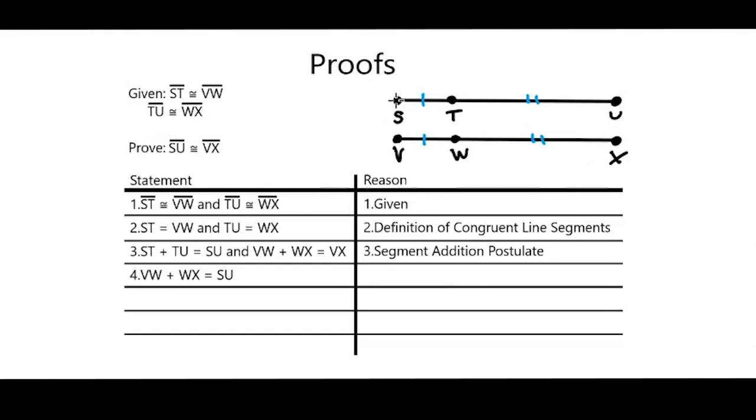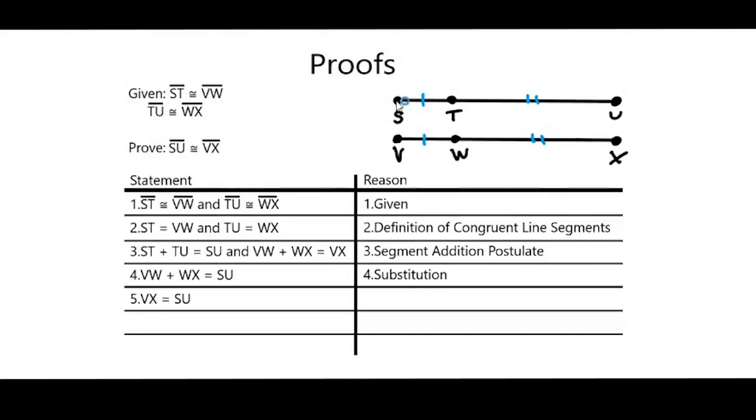Next, I can say that VW plus WX is equal to SU because what I'm doing is I'm taking this part of this equation and this part of this equation and I'm substituting them. So the reason for that is substitution.